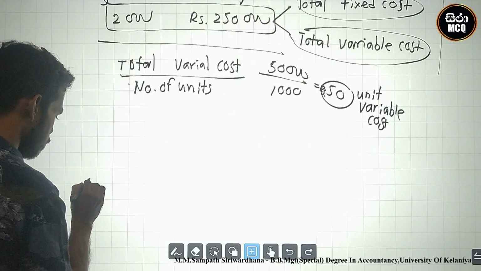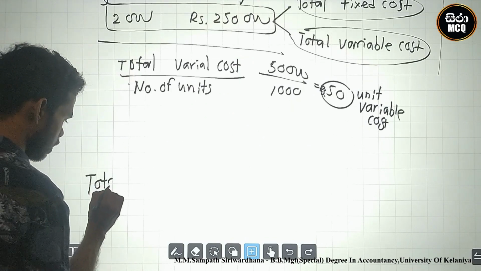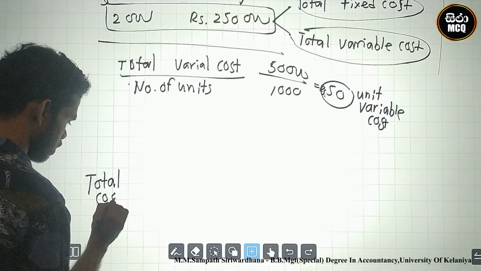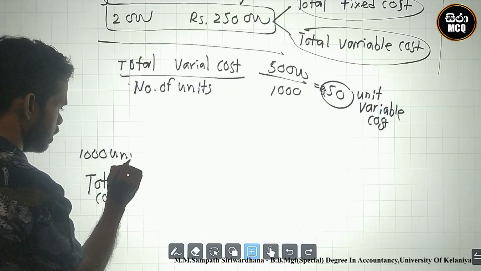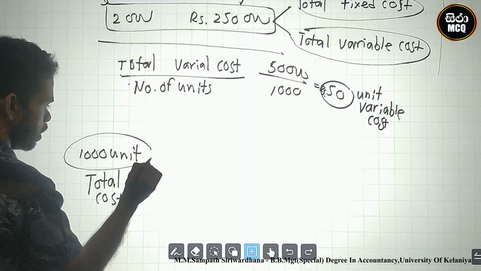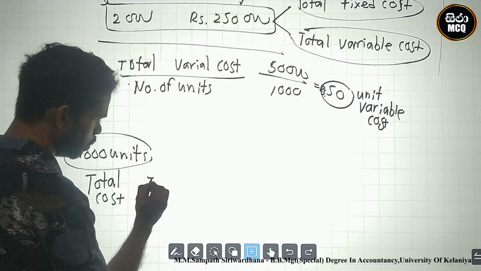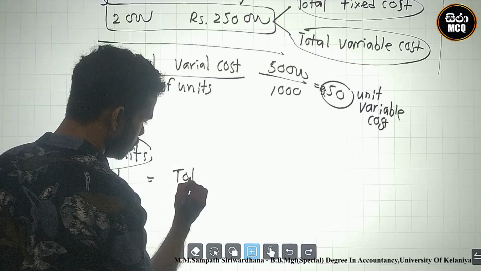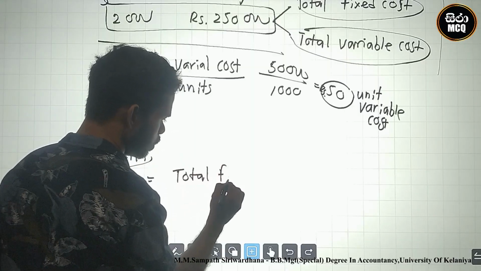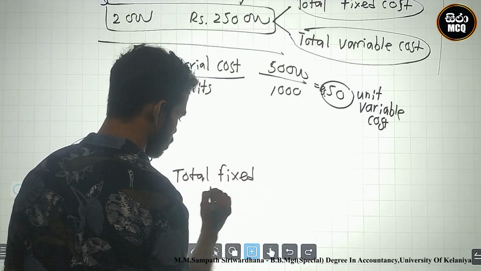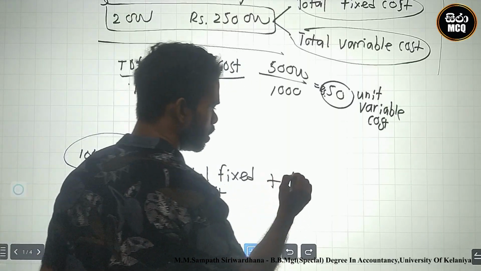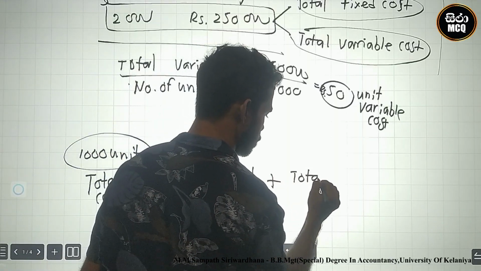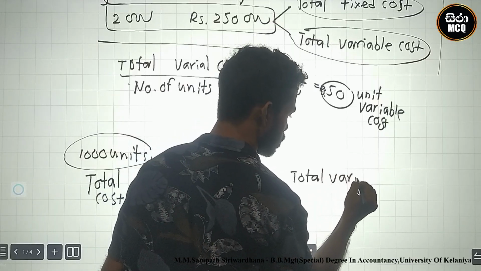Look here, total cost equals total cost. I take the 1000 level, 1000 units production. Total cost equals total fixed cost plus total variable cost.